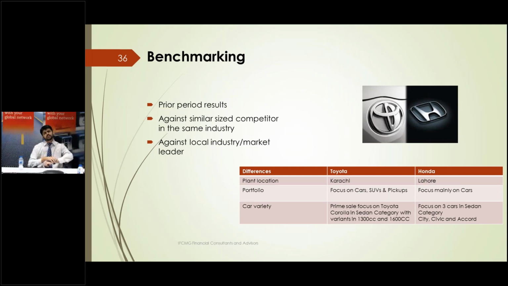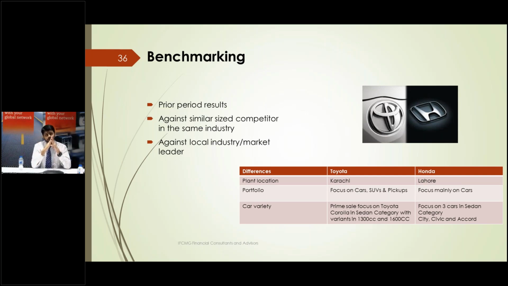So I've just looked at a few factors. While there are many factors to consider, I'm just considering them briefly here: the plant locations of Toyota and Honda, and the product portfolio. We'll delve a little further into the product portfolio.